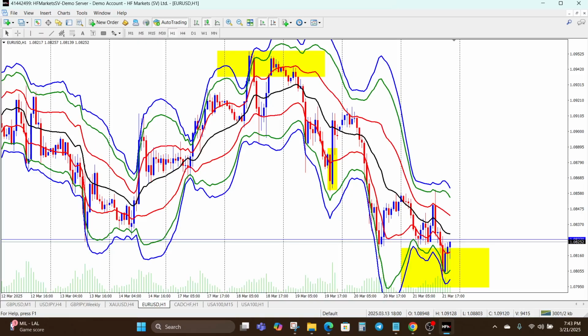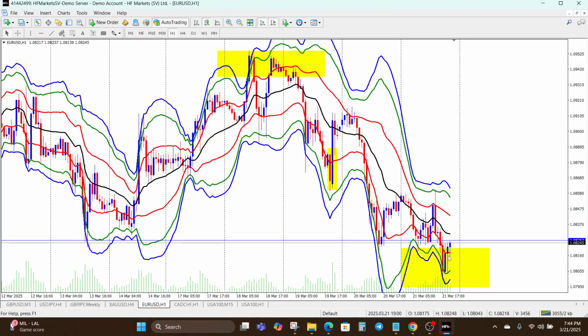Now the second strategy is the candlestick confirmation. To improve trade accuracy, traders should combine the VWAP bands with price action. If price reaches the lower band, just look for a bullish candlestick pattern.